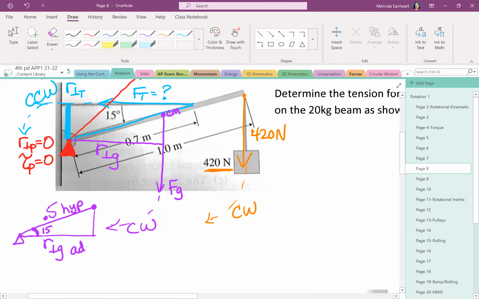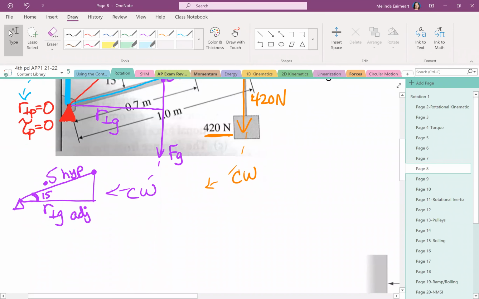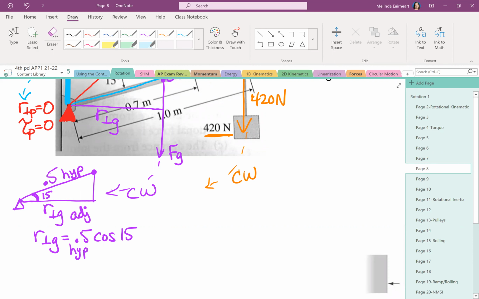Sorry, I thought you said sine. So again, there are some times where just because the formula chart says sine, you've got to look at your actual labels. And so our perp G is going to be 0.5 times cosine 15. 0.5 is the hypotenuse, okay? Get me that number and we'll be done for today.